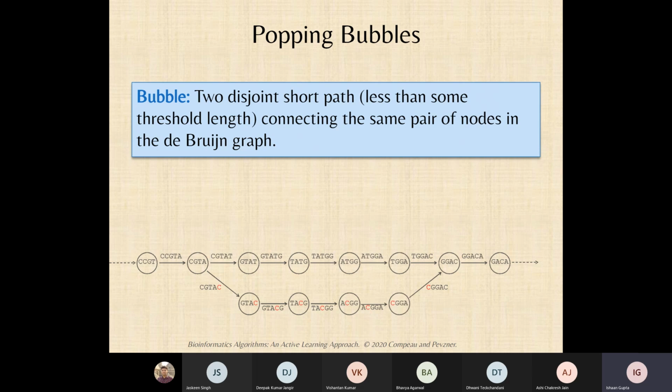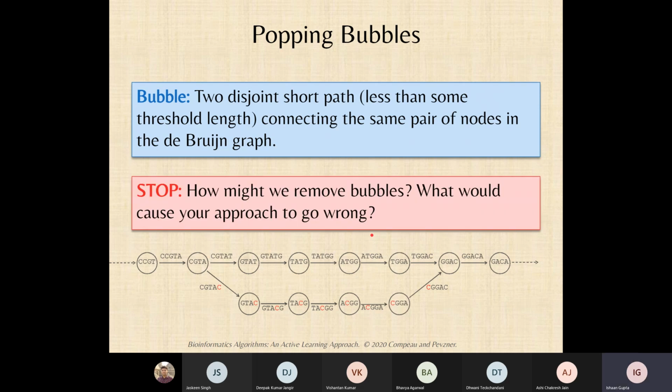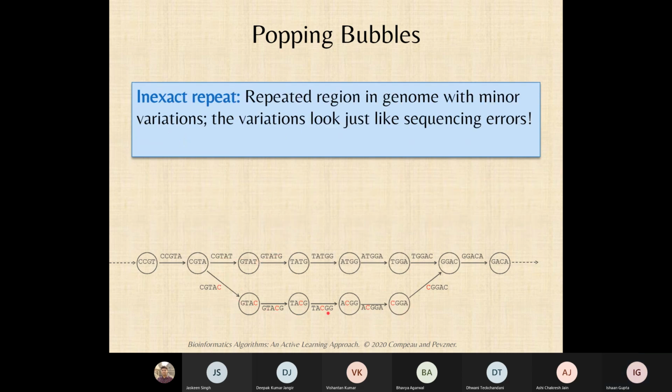You don't have to worry about it right now, but typically you talk about these bubbles when their length is smaller than the length of the read. So whenever the number of reads supporting a bubble is small, you just remove the bubble.